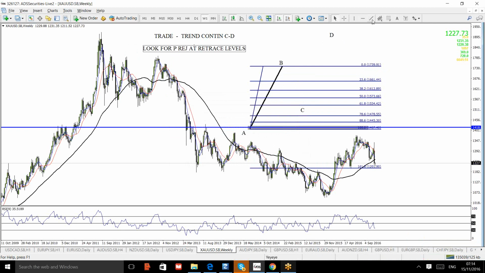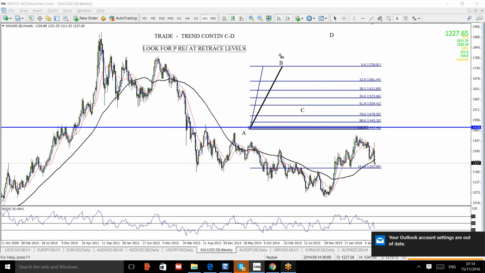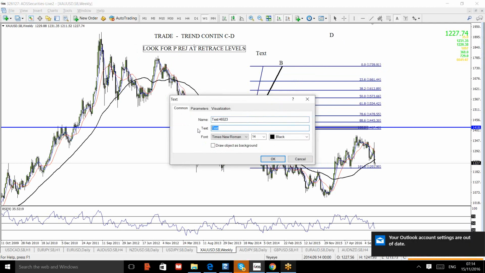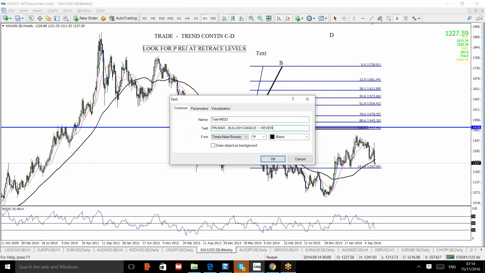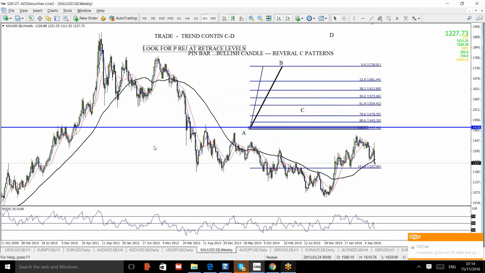What I mean by rejection is an inside bar, guys, a bullish candle or a reversal candlestick pattern. Make sense, guys? Does it make sense, what I said?